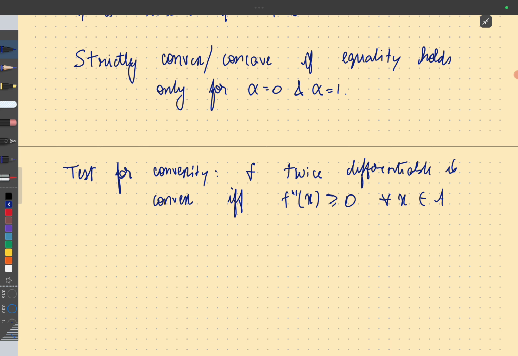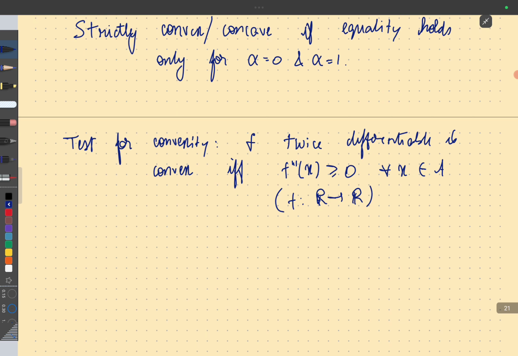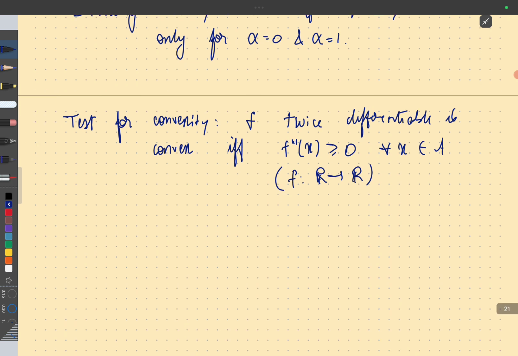This is true for functions defined over the reals, only over the real line, not for vector valued functions. What if it's a vector valued function? The Hessian should be positive semi-definite. What does it mean for a matrix to be positive semi-definite?